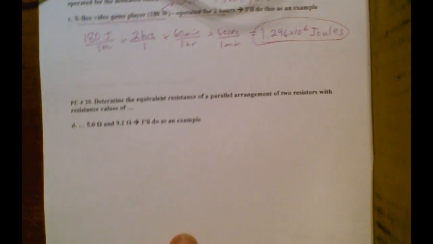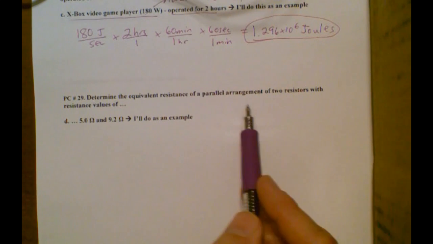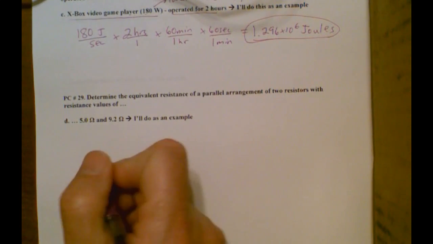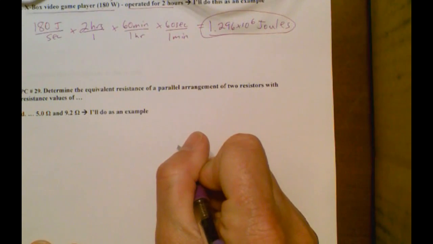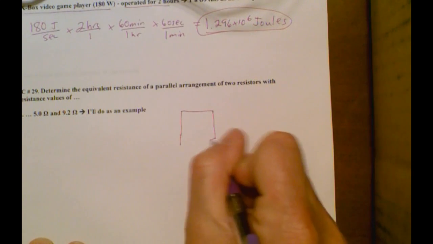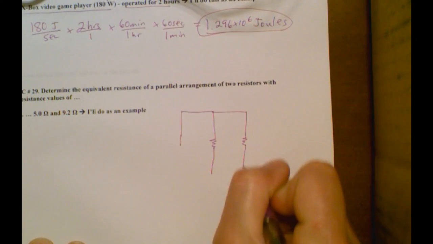All right, second one here, problem 29. Determine the equivalent resistance of a parallel arrangement of two resistors with resistance values of 5 and 9.2 ohms. So first thing I'm going to do is draw the picture. If it's in parallel, I've got one resistor there, one resistor there.